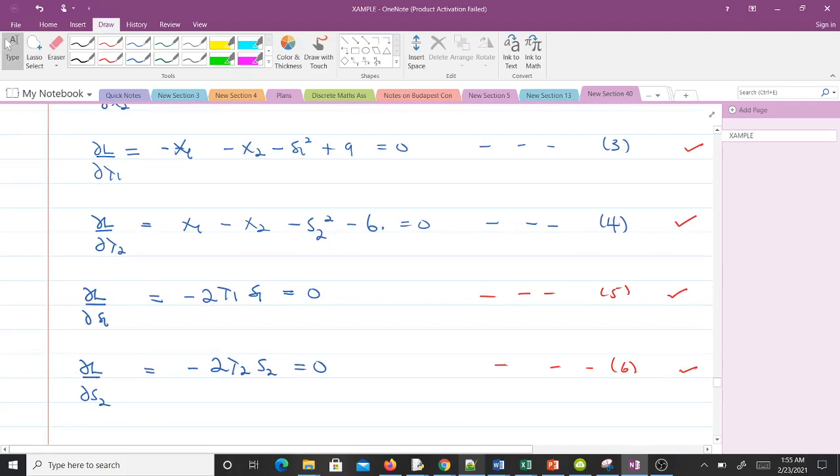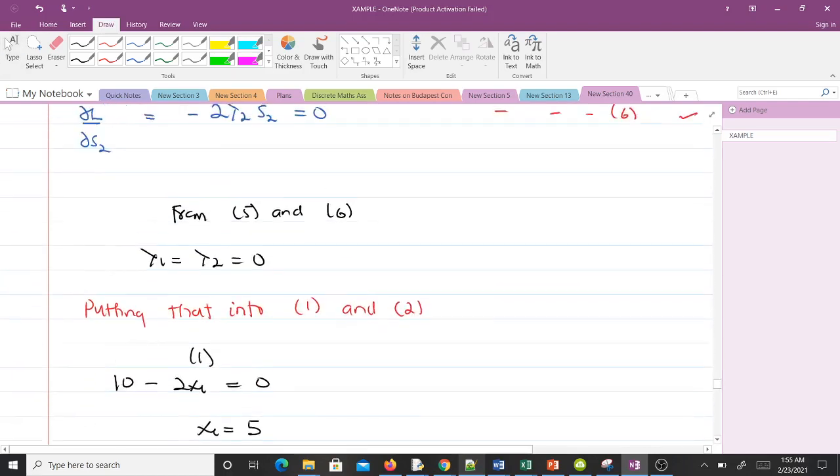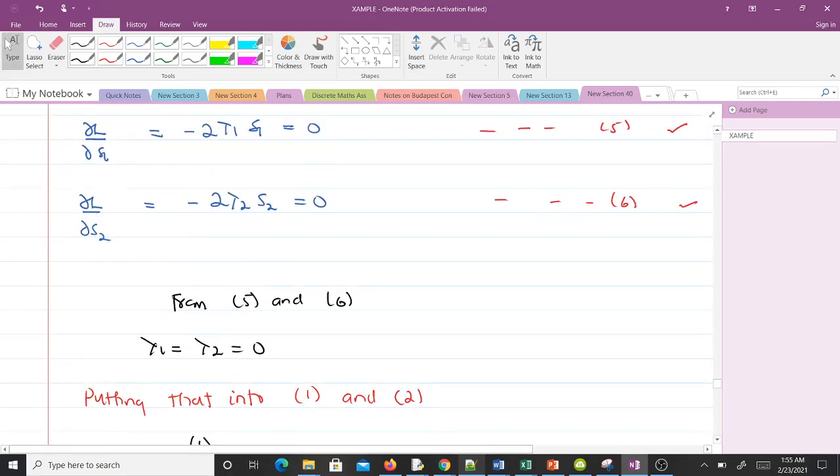So we are now to solve them for the unknowns. Okay, so from equation 5 and equation 6, so now this is equation 5, this is equation 6. We are saying if AB is equal to 0, either A is 0 or B is 0. So yes, we are saying that in this case, we want our lambda 1 to be 0 and our lambda 2 to be what? 0.